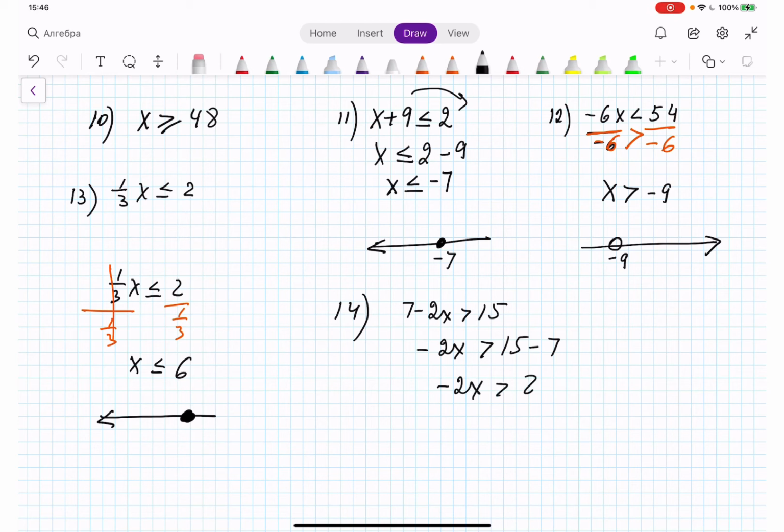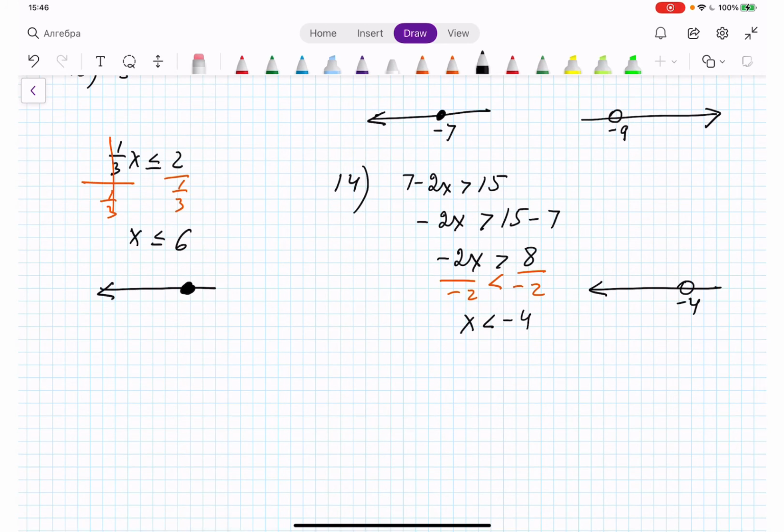Negative 2x greater than 8. We divide by negative 2 here, and we divide by negative 2 here. And because we divide by a negative number, it's going to flip the sign also. And we get x is less than negative 4. For x less than negative 4, let's say this is negative 4, it's not solid because the equal sign is missing, and the answer is going like this. Number 15.